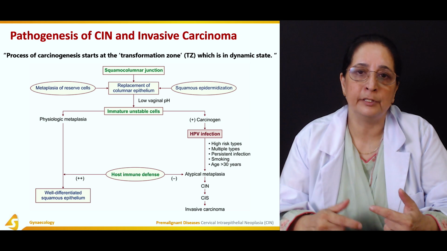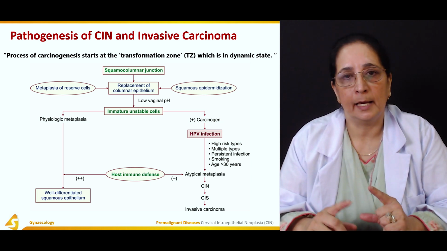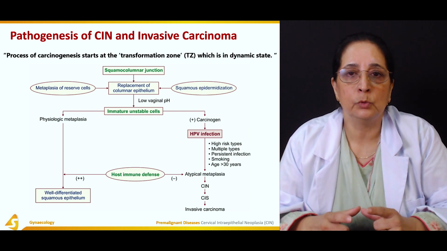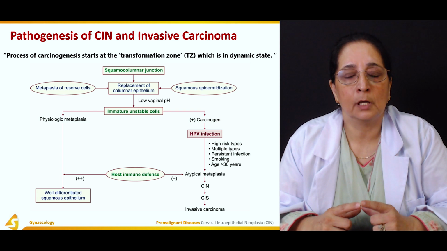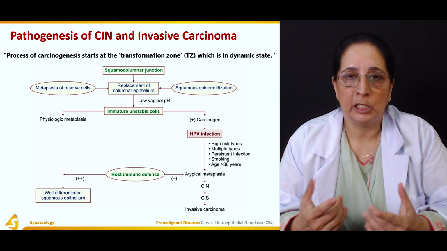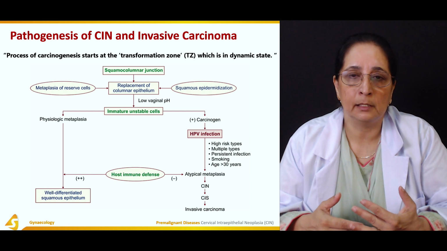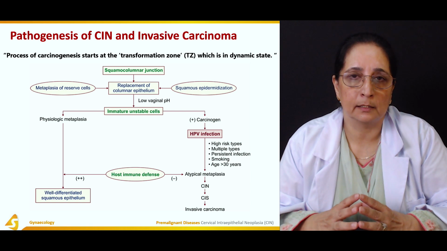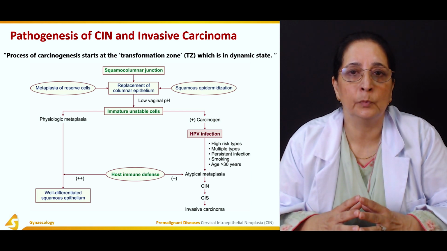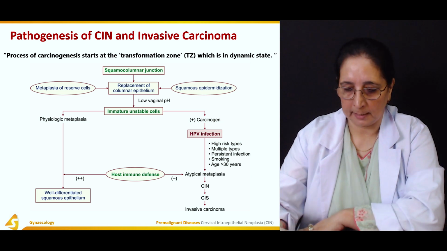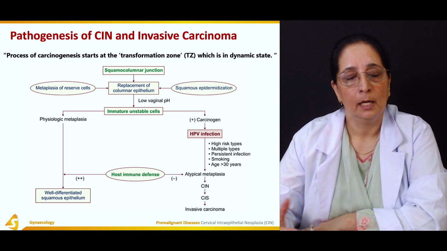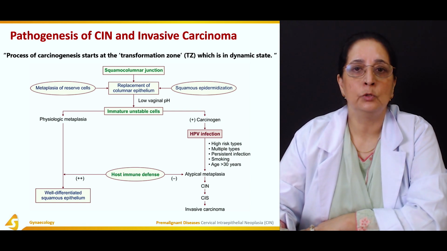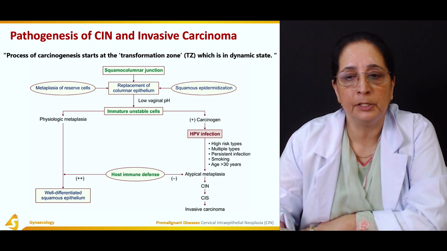One is normal physiological metaplasia, and the other is they can go through carcinogenic changes. HPV infection can lead to atypical metaplasia, and then there is cervical intraepithelial neoplasia and carcinoma in situ. So that's the pathogenesis, and those are the steps that lead to cervical intraepithelial neoplasia.